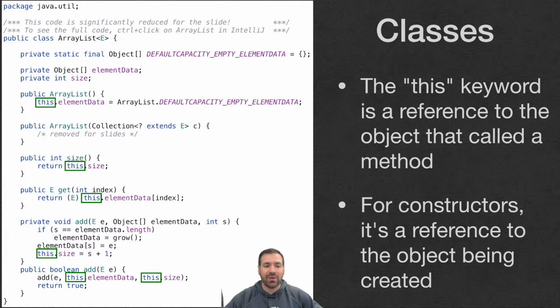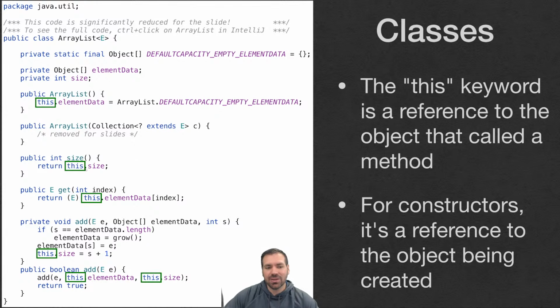I want to get the value at an index for a specific ArrayList. I want to ask the size of a specific ArrayList. I don't want to ask the ArrayList class. I'm asking ArrayList objects. That's why these methods are non-static. And we get the behavior we want specific to that object using the keyword this. That's why the keyword this is crucially important, storing a reference to that object.